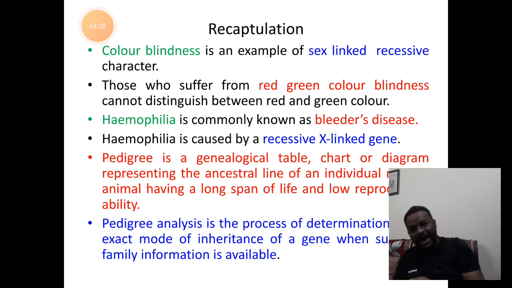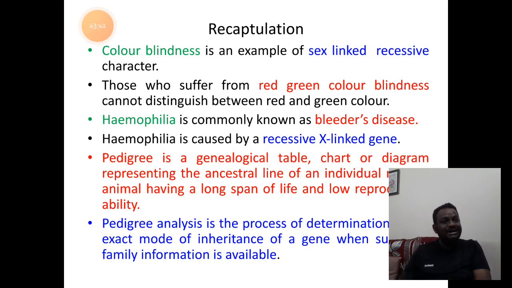To recap today's session, color blindness is an example of a sex-linked recessive character. Those who suffer from red-green color blindness cannot distinguish between red and green color. Similarly, hemophilia, also called bleeder's disease, is an example of an X-linked recessive trait. These two are studied using pedigree.